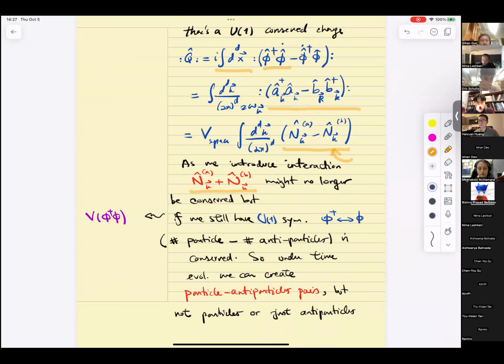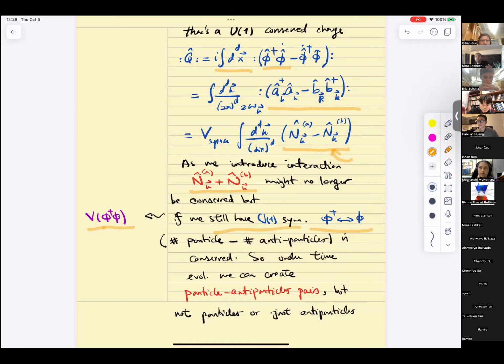But the moment you introduce interactions, like for example V of phi dagger phi, the type of interaction we introduced in the past, an arbitrary potential will no longer preserve the total number of particles and antiparticles. However, you still have this symmetry, phi dagger phi. You still have the U1 symmetry.